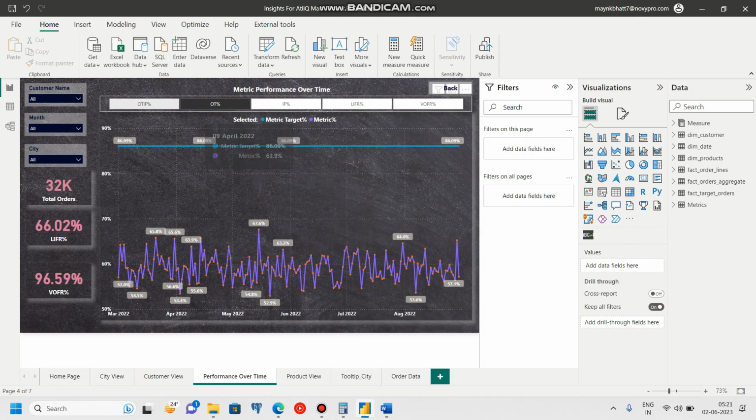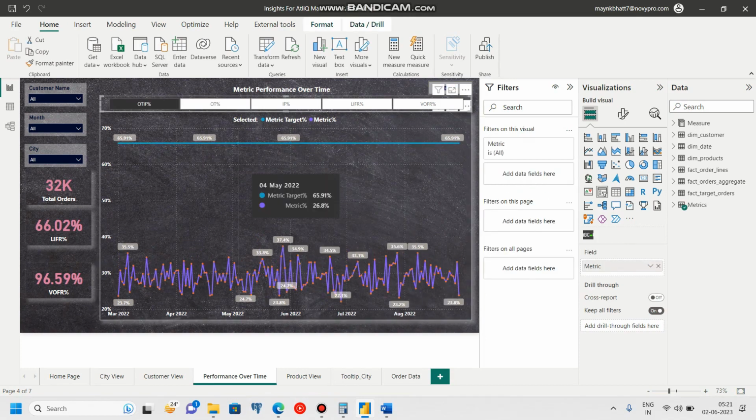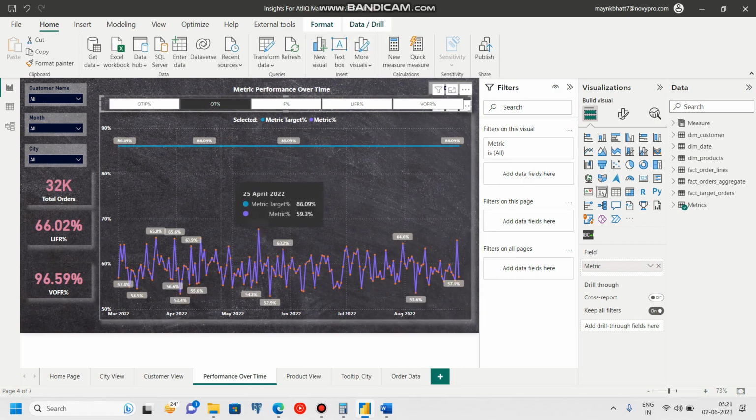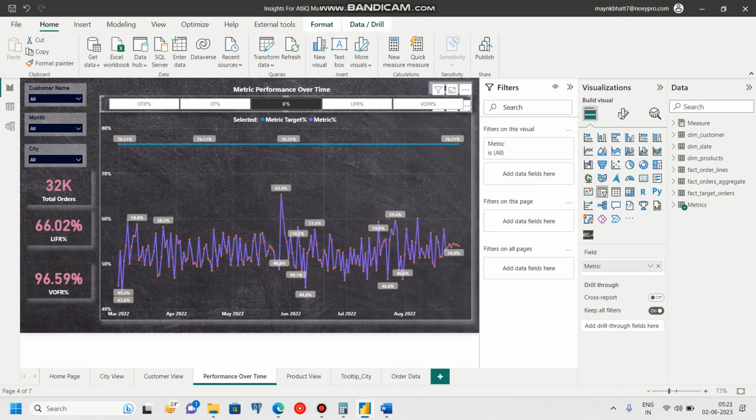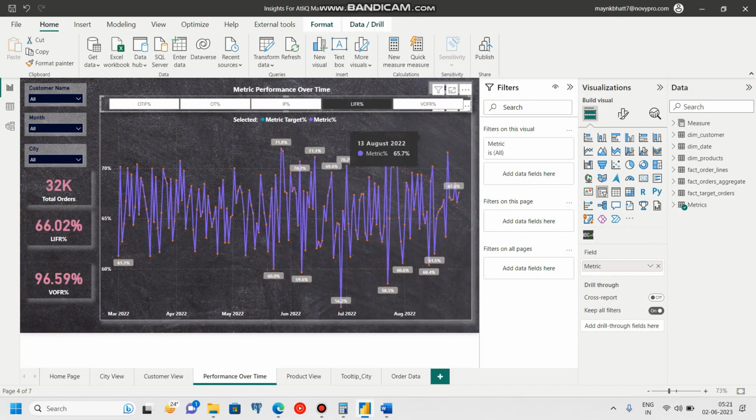If we check the OTIF percent, we see that there is a huge gap between the target line and actual lines of the OTIF percent trending over time. Same is the case for OT percent, same is the case for in full percent, and these are the visuals for LIFR and VOFR.